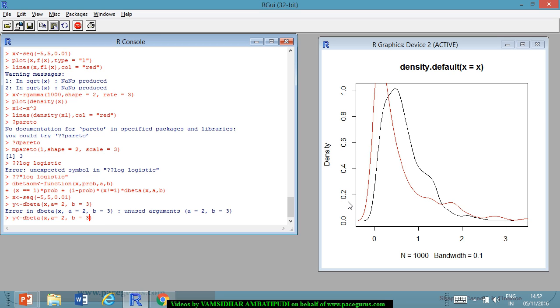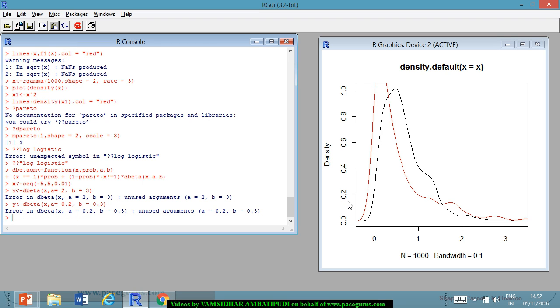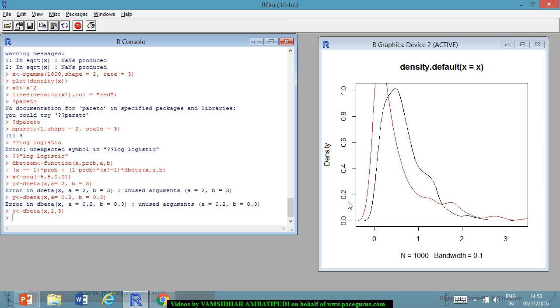Let me not call them a and b. Let me just give 2 comma 3, where I am using the shape parameters.